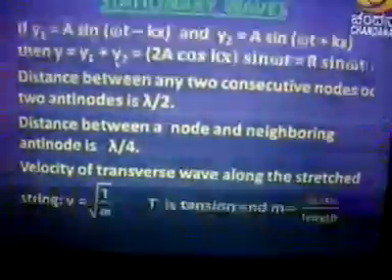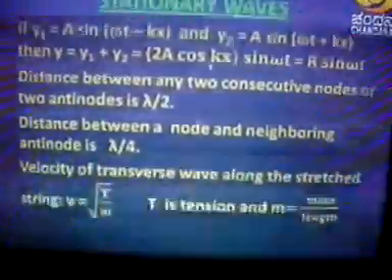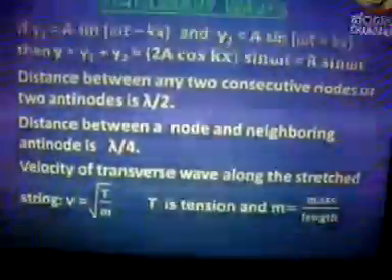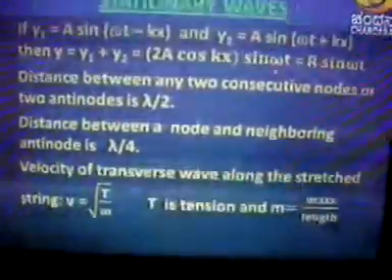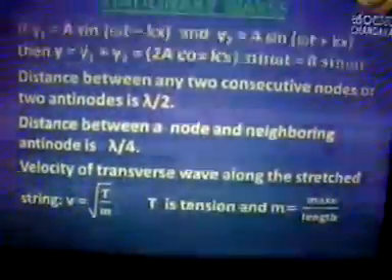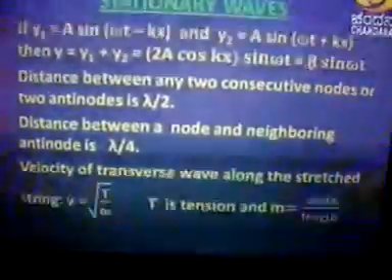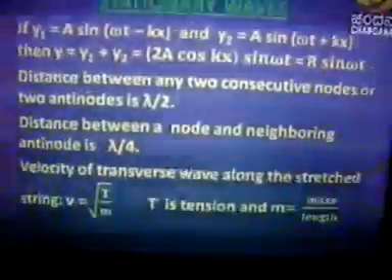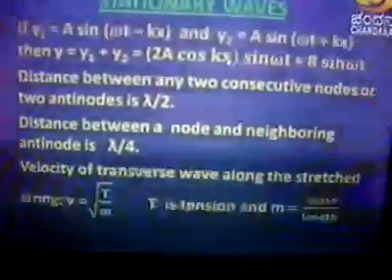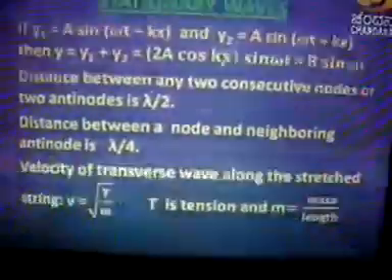The wave pattern is found to be stationary, and the resultant displacement, adding up these two equations, is 2a cos kx times sin omega t, where the 2a cos kx term represents the resultant amplitude. That means the resultant amplitude is variable. It's not a constant. It depends on the value of x. That is, at different positions the amplitudes are different.